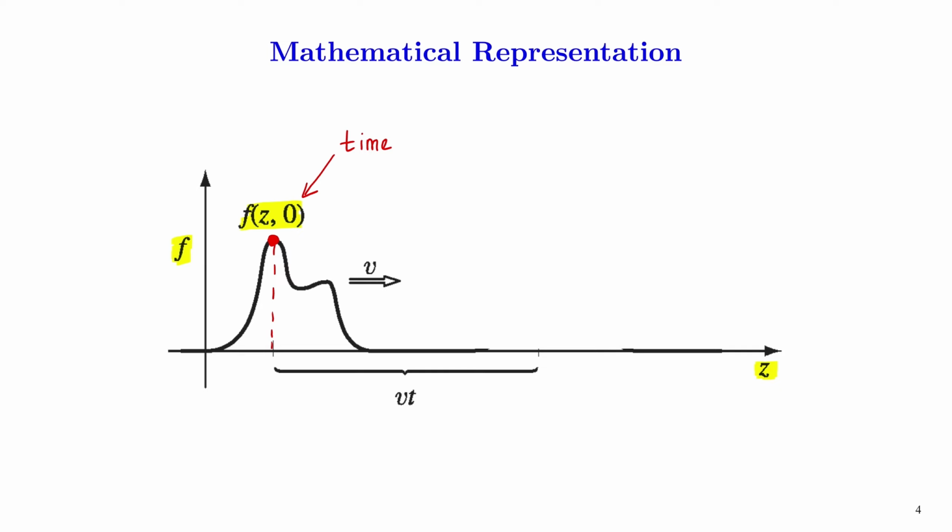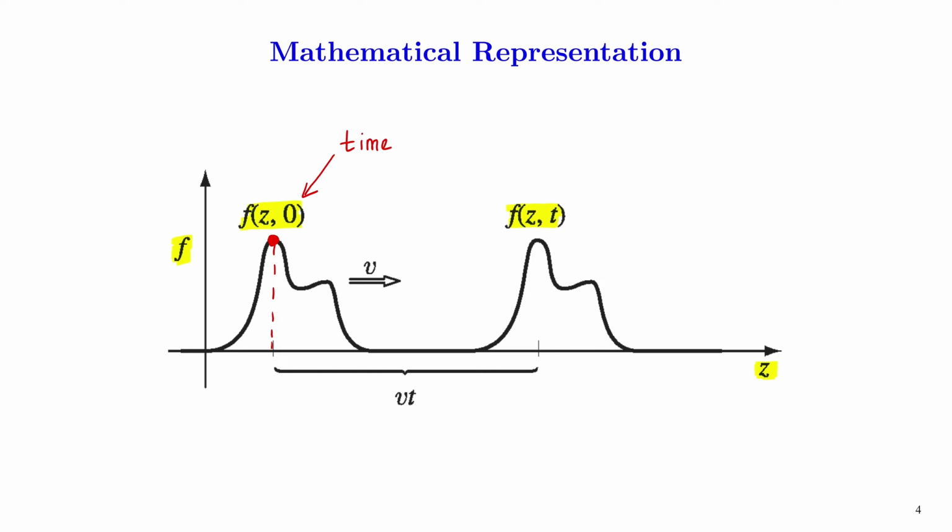Let us consider a point like this on that wave. If we assume that the wave has a finite velocity v and it is moving in the positive z direction, after time t, it would have covered a distance vt, and now the position of the wave will be here. When a finite time t has elapsed, the wave function is mathematically represented by f(z, t).